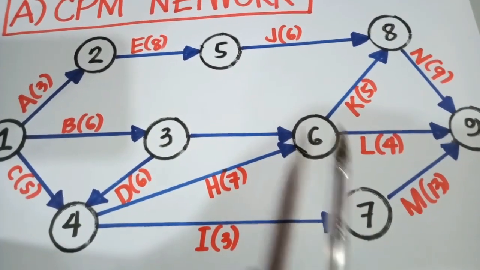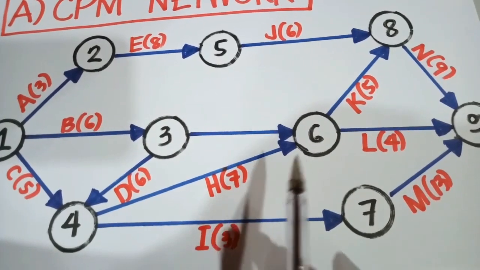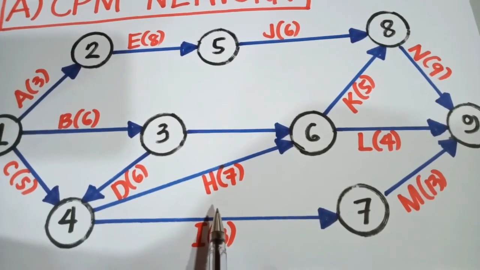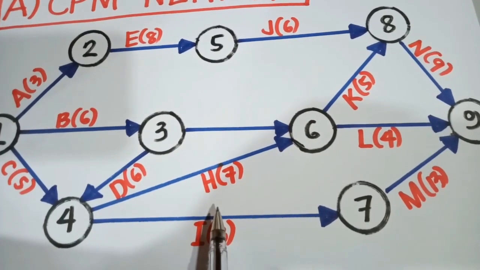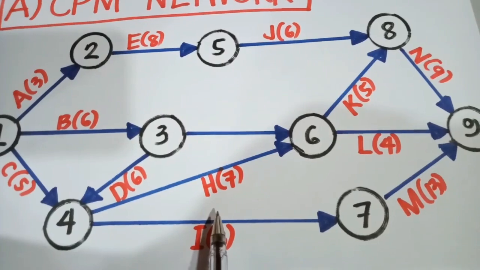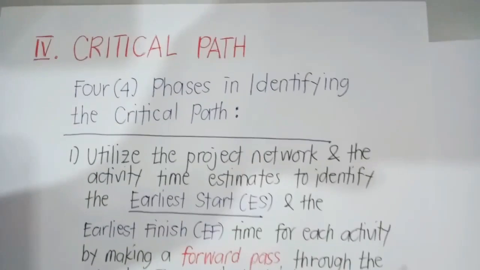Now, with this, our main goal is to find which path is the maximum duration. When I say which path is the maximum duration, what I mean is which path is the critical path. In order to do this, we need to strictly follow certain rules.